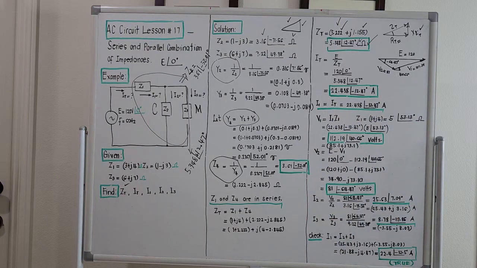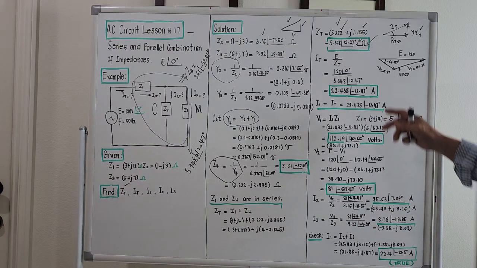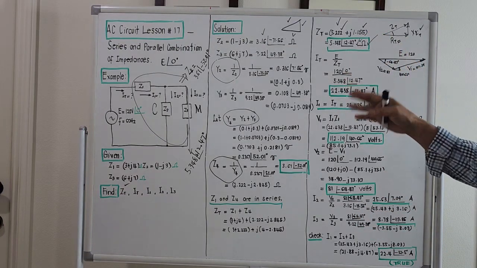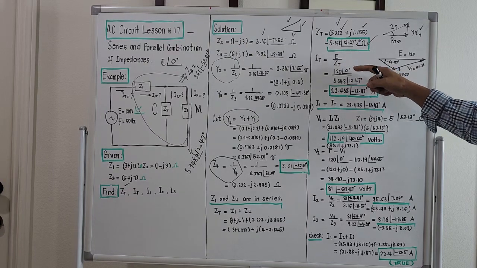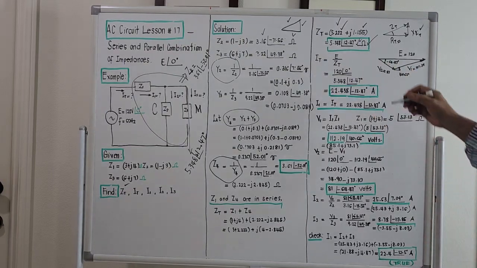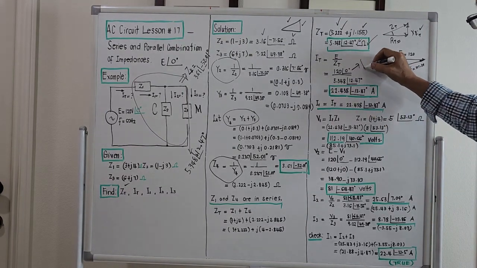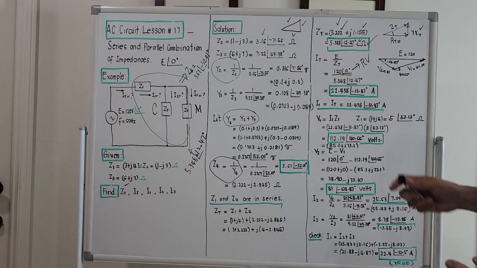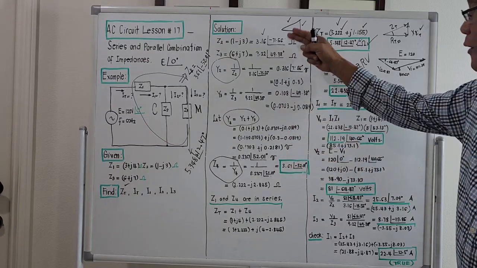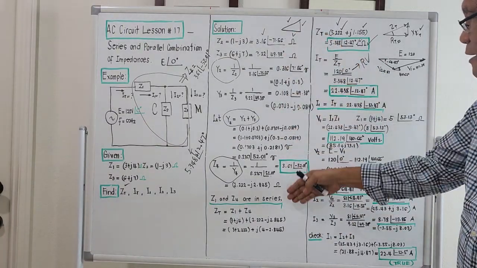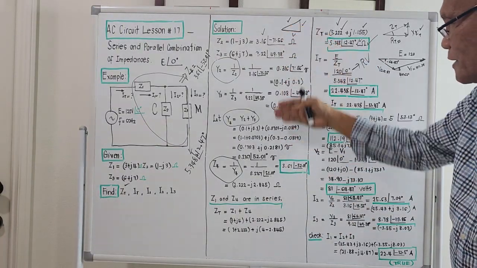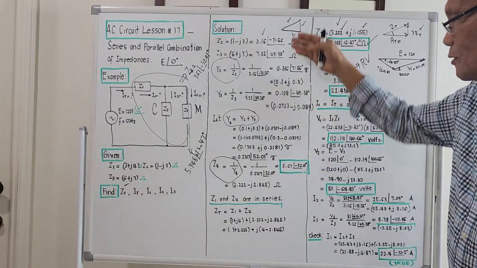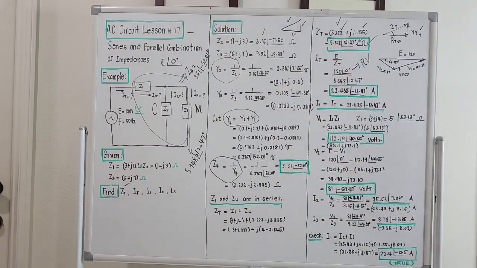Use your knowledge of the simplification of division of complex numbers. The value of E in terms of polar will be 120 angle 0 degrees. Like what I said, the voltage is always the reference vector, right? And the total impedance, as per our computation, is very low. That's why, just be careful on the sign here. Just one wrong sign, all this will be wrong, right?